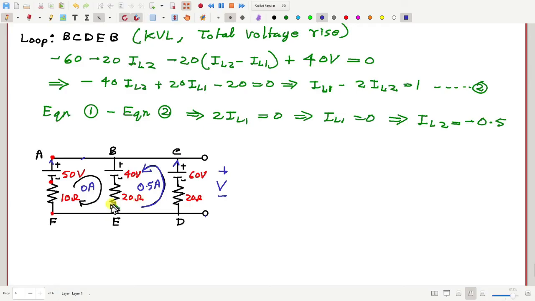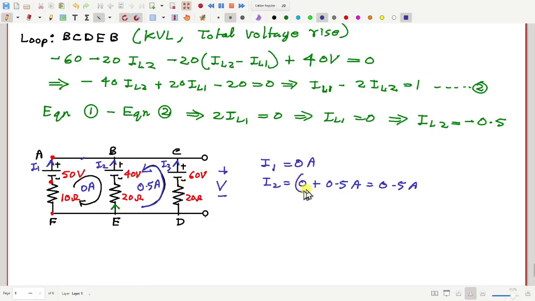So suppose I call these I1, I2 and I3, then how much is I1? I1 is same as IL1, 0. How much is I2? I2 is minus 0.5. And I3 is 0 plus 0.5, so that is 0.5 ampere.